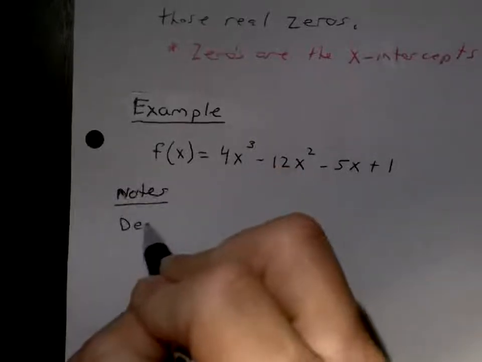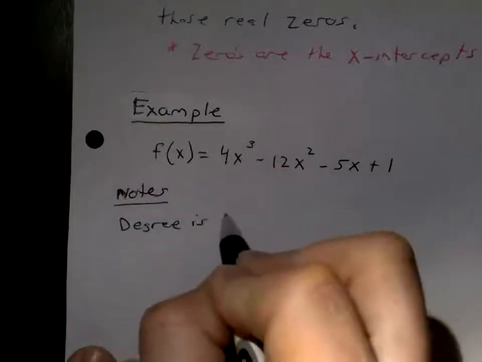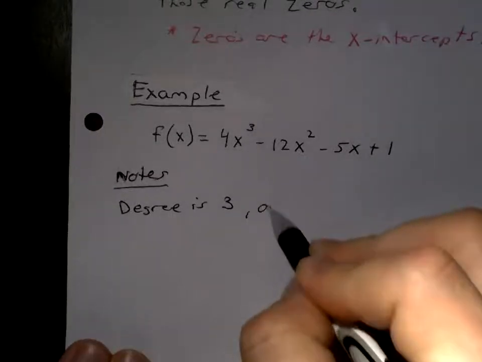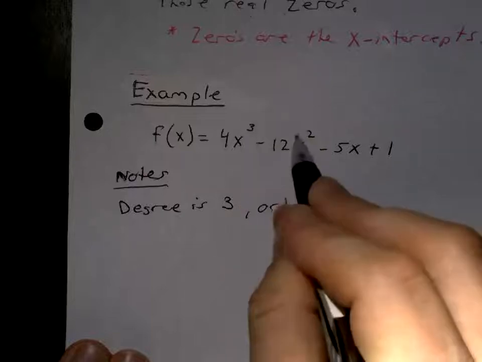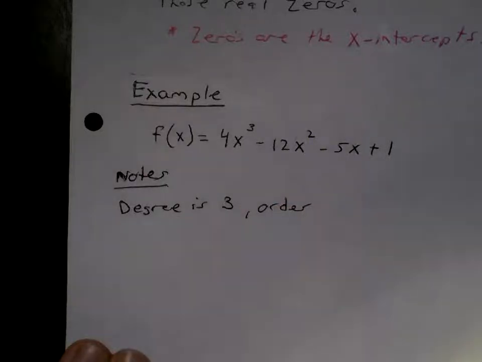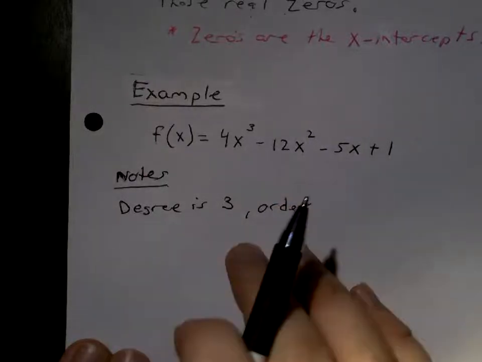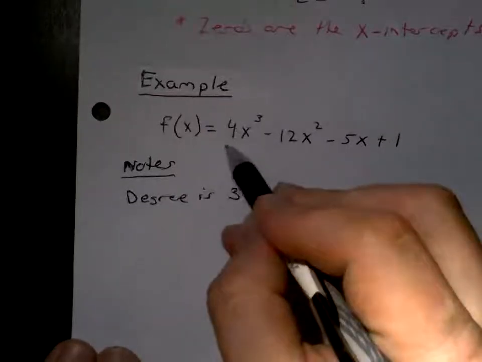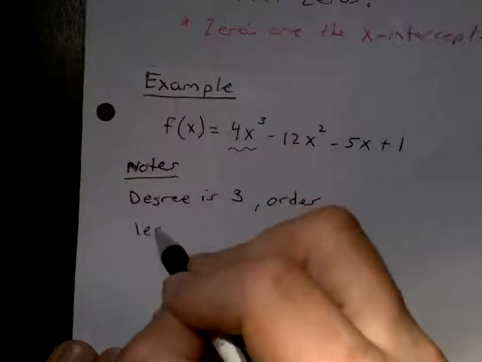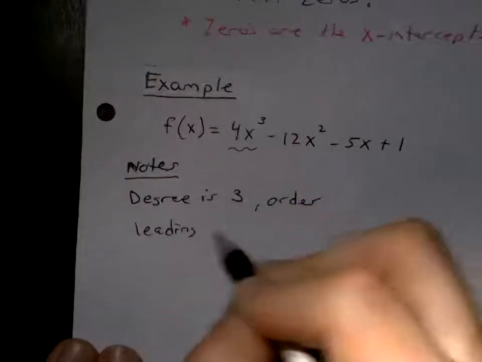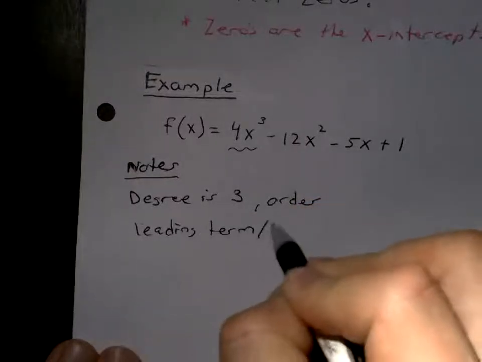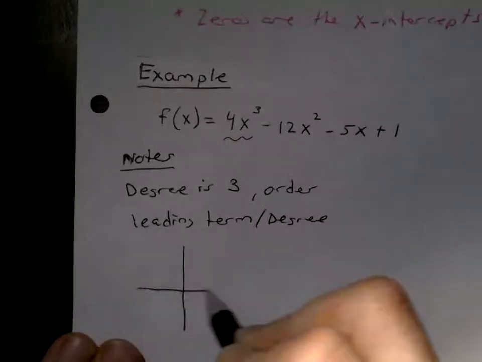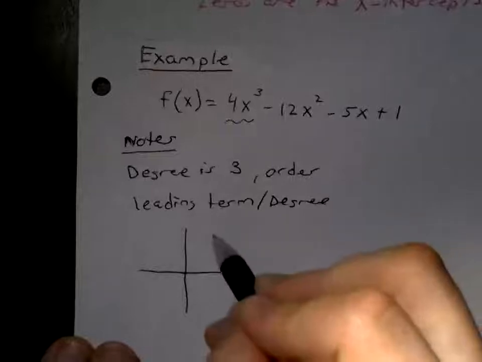We know that the degree is 3, okay? We know that it's also in order from greatest to smallest. Now that's something that we want to know. And remember, this is the leading term, or I should say degree, and we have a picture in the back of our head of what the graph is going to look like.